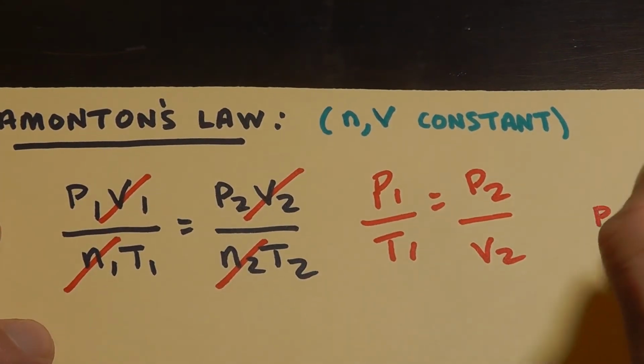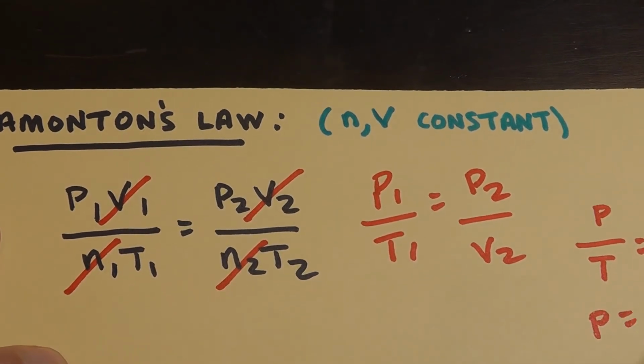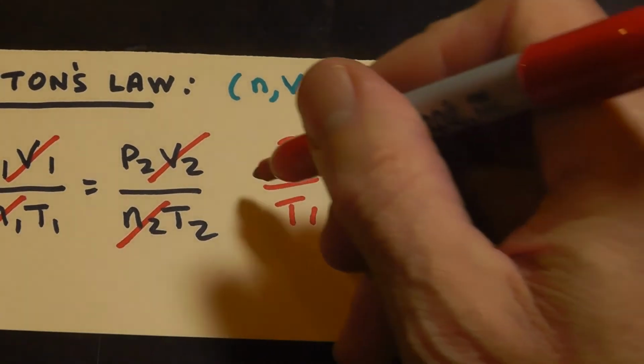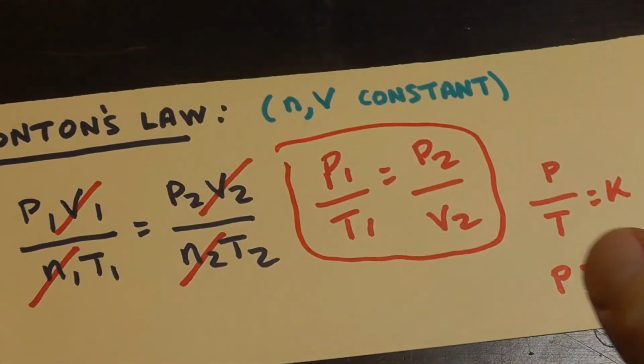And you could also say P divided by T is a constant, which means that P equals K times T. If you plotted pressure against temperature, it'd be a linear relationship. But here you go, we just simplified and we came up with a nice little relationship.